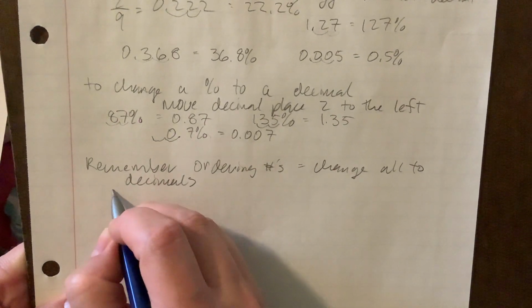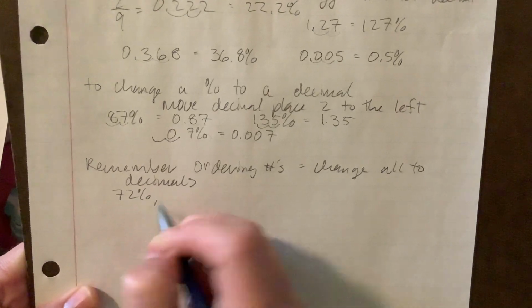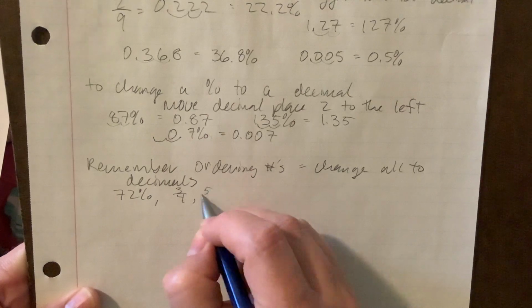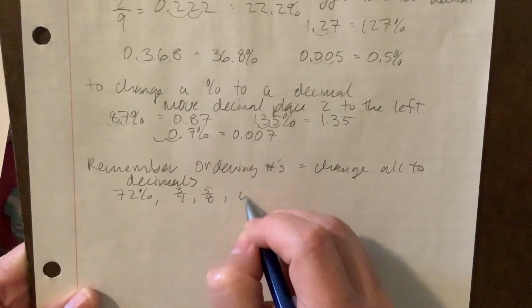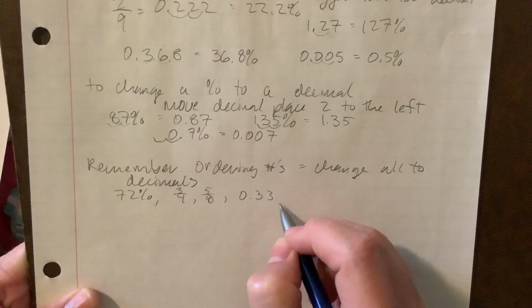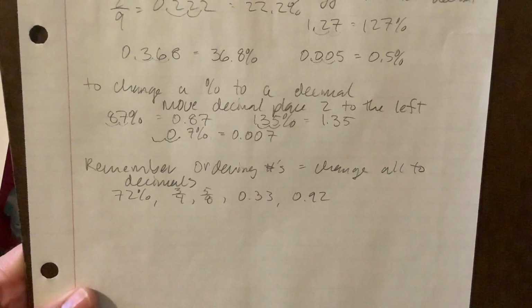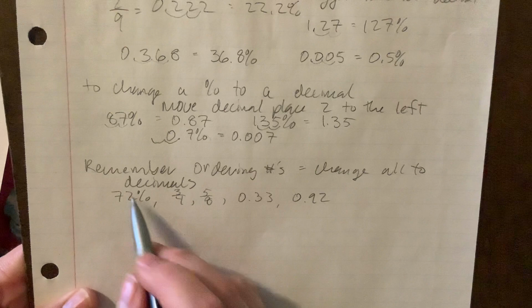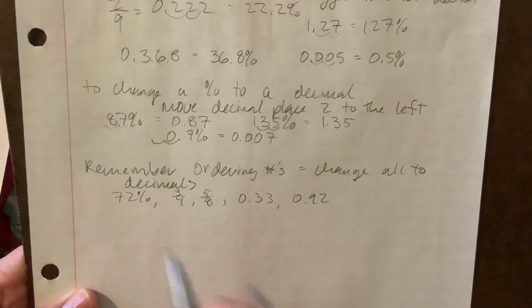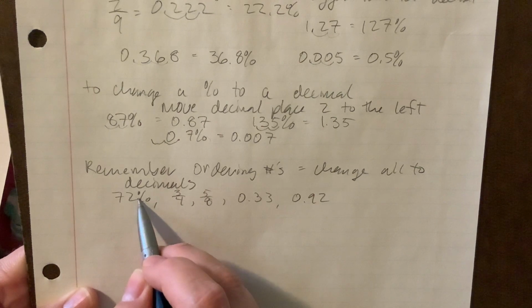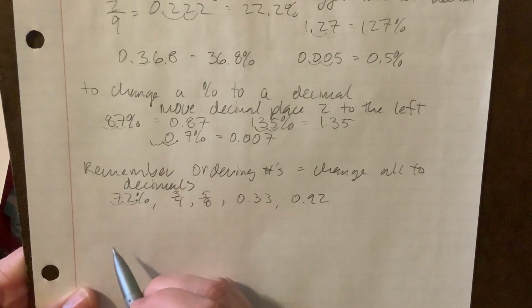So let's say we have this list of 72% and 3/4 and 5/8 and 0.33 and 0.92. Let's see if we can put these in order. We need to change the percent and the fractions to decimals. So change the percent to a decimal: we move the decimal place to the left 2 places.